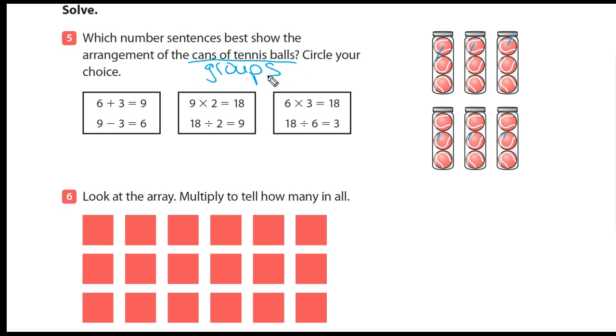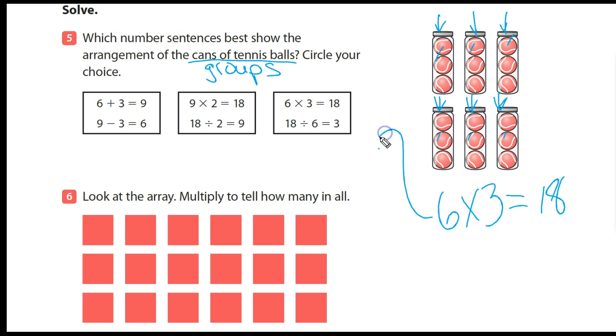So again, how many groups do I have? 6. I have 6 groups, guys. 6 cans. 1, 2, 3, 4, 5, 6. How many in each can? 3. So obviously 6 times 3 is 18.